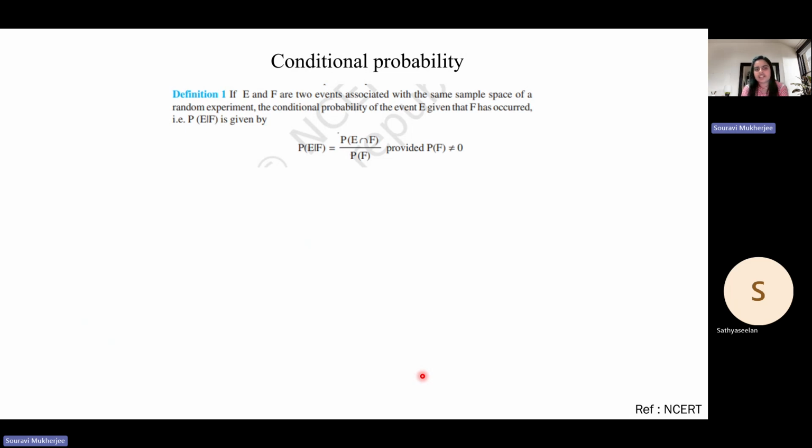So it says that if there are two events associated with the same sample space, the conditional probability of event E given that another event F has already occurred, that's the conditional probability. Okay. And that is given as P of E intersection F by P of F.